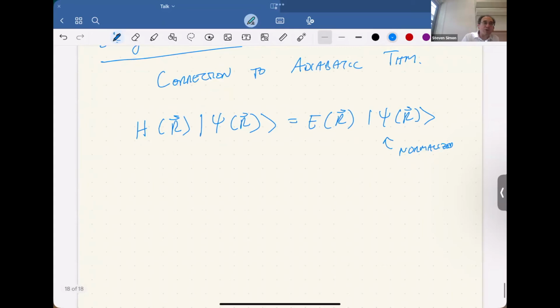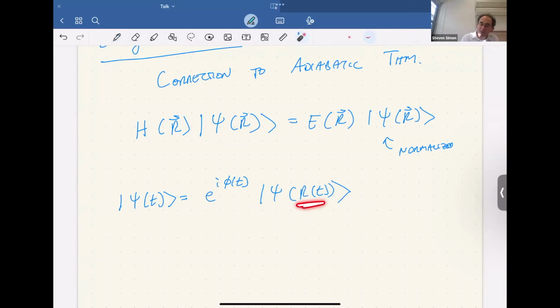Now, we're going to write psi of t as e to the i phi of t, some phase, times the instantaneous eigenstate psi of R of t. At any fixed position R, you diagonalize the problem and you get psi of R of t. What we'd like to do is find the prefactor phase out front as you adiabatically change H.